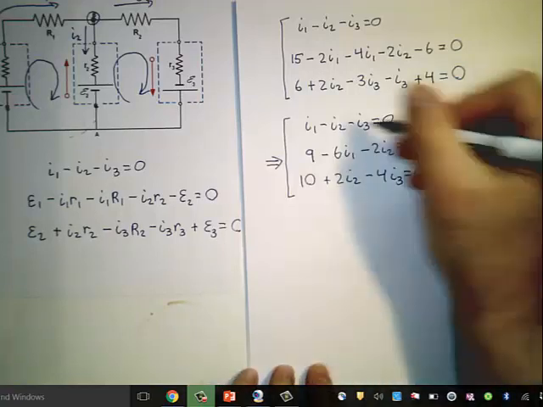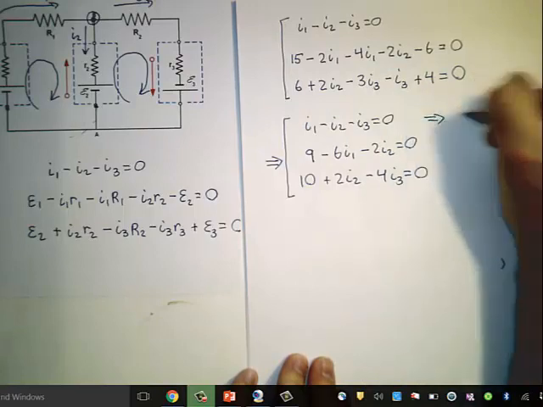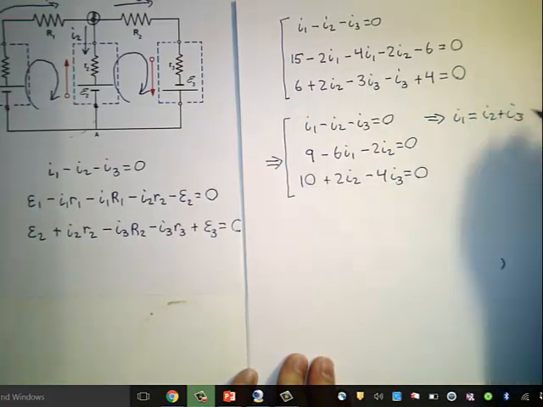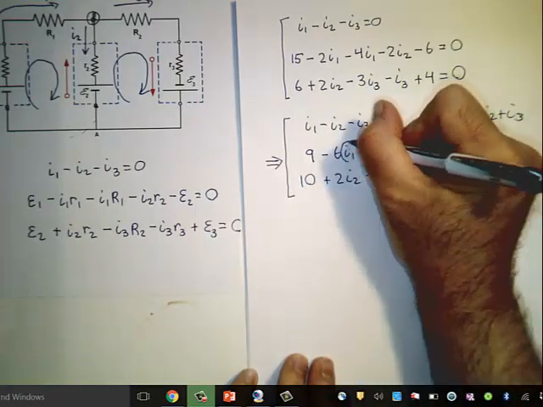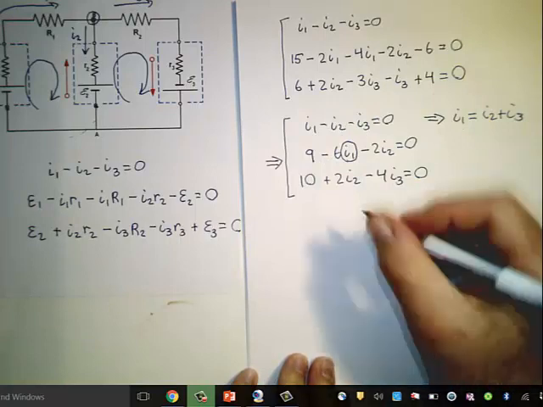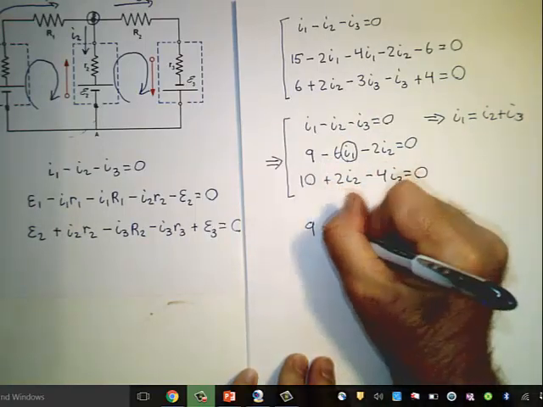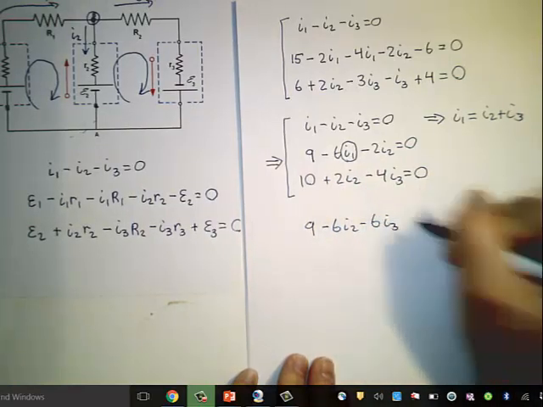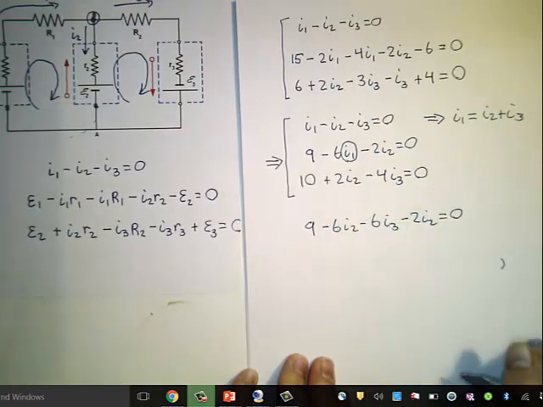So maybe your next step would be to say, okay, I1 equals I2 plus I3. Looking at these equations, we could easily get rid of I1 here by replacing it with I2 plus I3. So I'll say minus 6I2 minus 6I3 minus 2I2 equals 0.